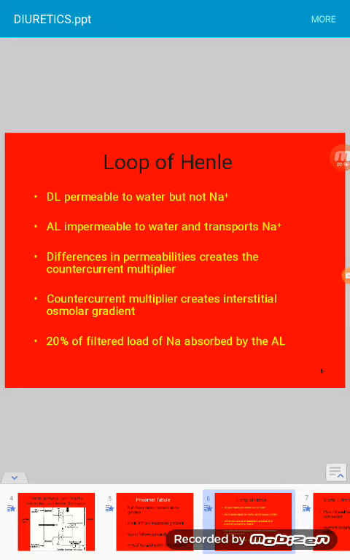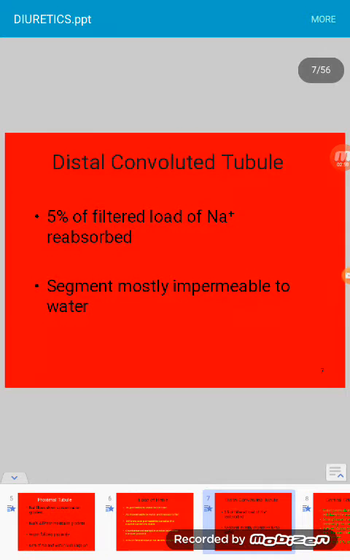The remaining urine goes to the distal convoluted tubule, where 5% of the filtered sodium load is reabsorbed, and this segment is mostly impermeable to water. So we have various segments in the tubules which are permeable to sodium only, to water only, and so on.